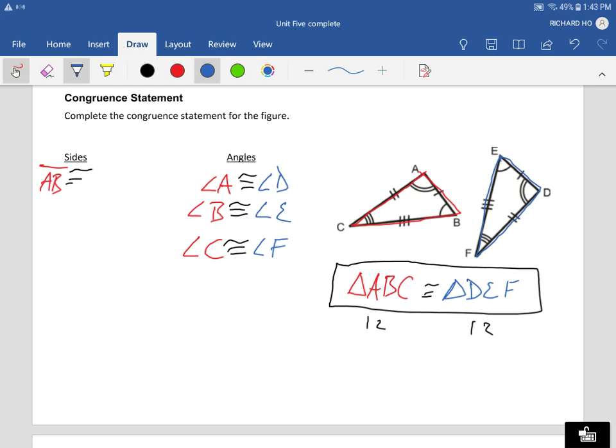ED, right? So AB matches ED. Does this make sense? Okay, so your other sides of this red one, you have AB is here. The bottom one is BC. And then this other one is CA.